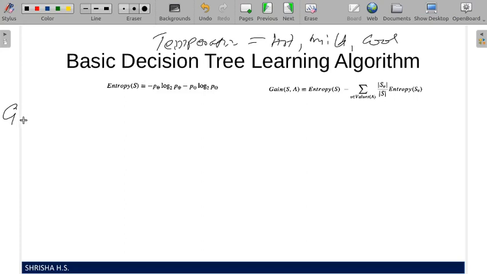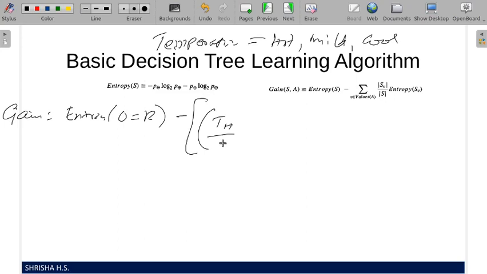So we have to calculate the gain: entropy when outlook equal to rain, minus the information gain terms. When temperature equal to hot, divided by total instances. The total rain instances, there are 5 in total.